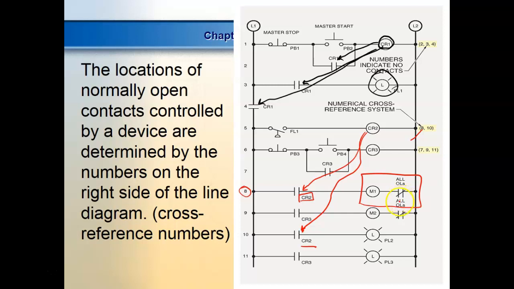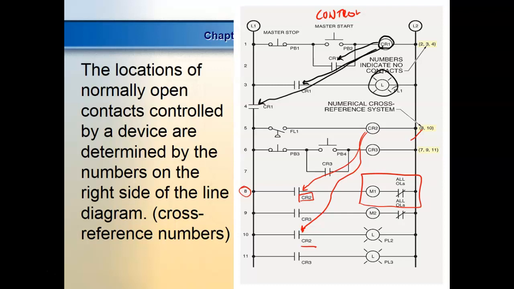This is an overload. This is the control circuit. And most controls are made out of two circuits, a control circuit and a power circuit. You understand? Yes or no? So where are the contacts for this motor starter? In the power circuit. They don't have any contacts in the control circuit. Those contacts are in the power circuit.